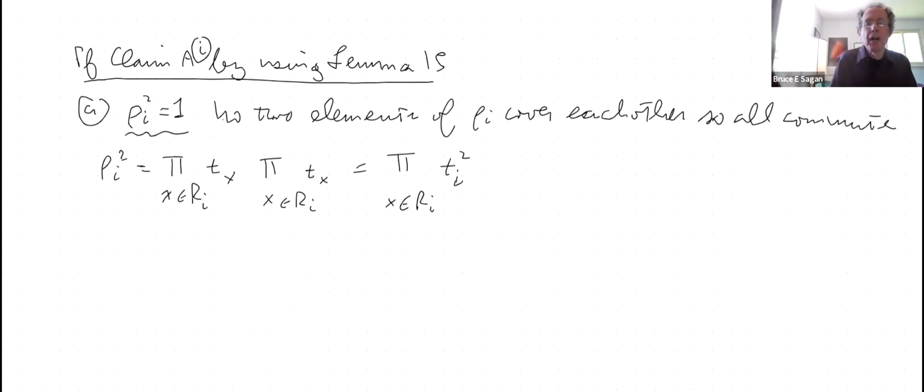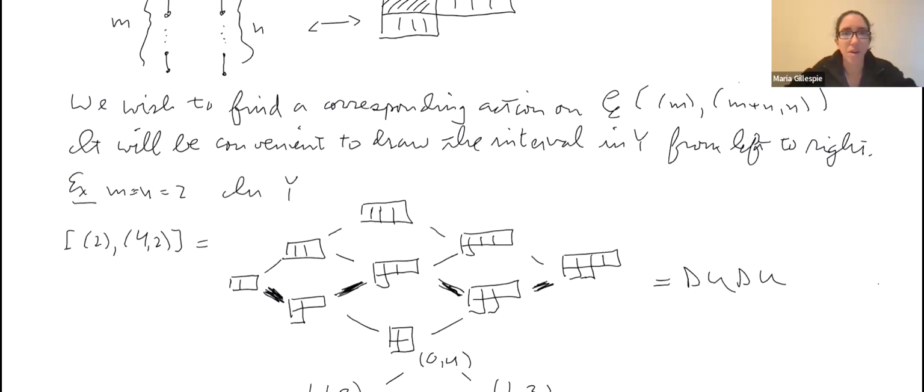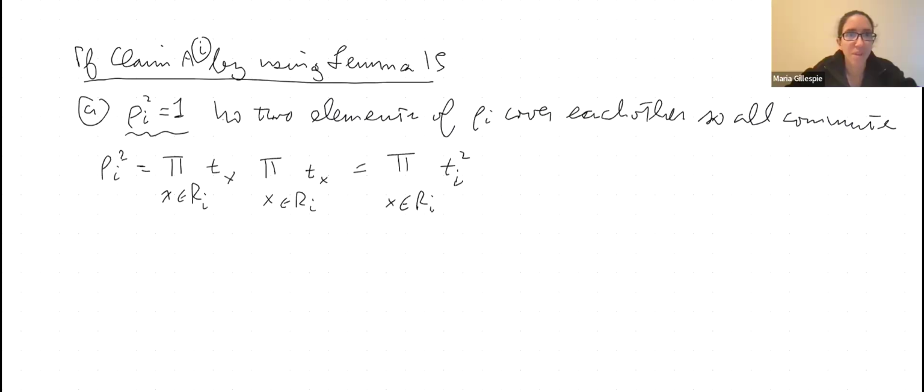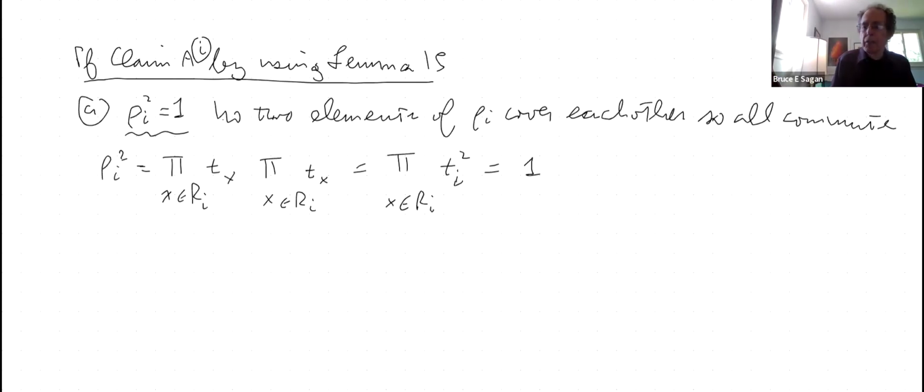Remember the squares of toggles. But these are all one. So that finishes that.